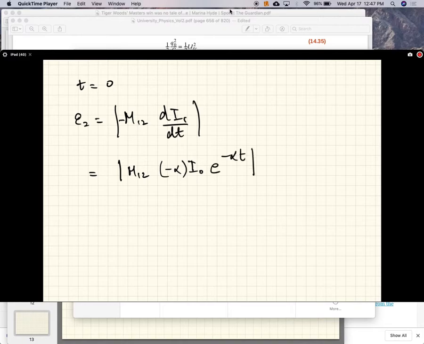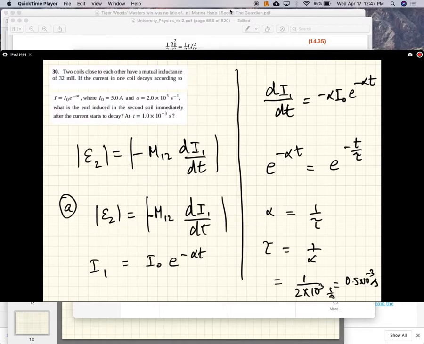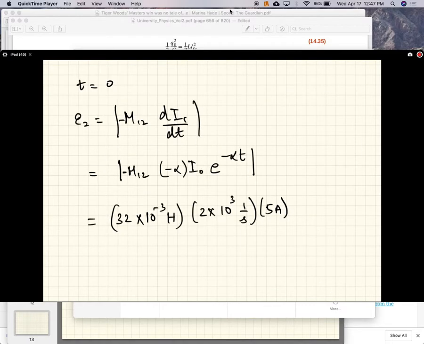Okay, now we can put in all the values. 32 millihenries, and alpha was 2 times 10 to the 3 second inverse. I naught was 5 amps, and e to the power of minus alpha t at t equal to 0, so times 0, this is 1.